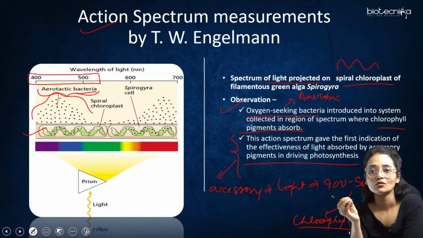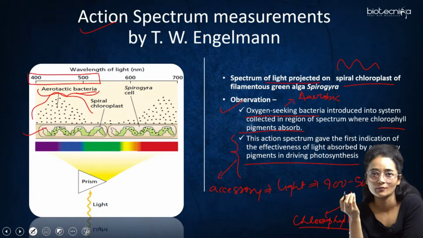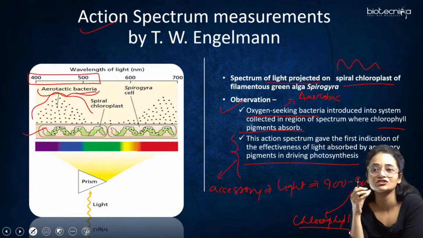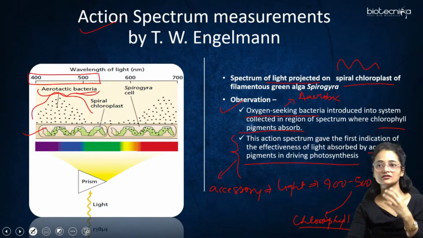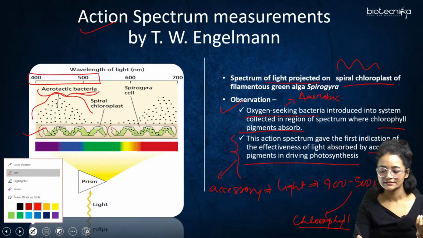Wherever the light is being absorbed, the oxygen-seeking bacteria are growing, which means that oxygen is evolving at that place. So there is a direct relation between oxygen evolution and absorption, right?